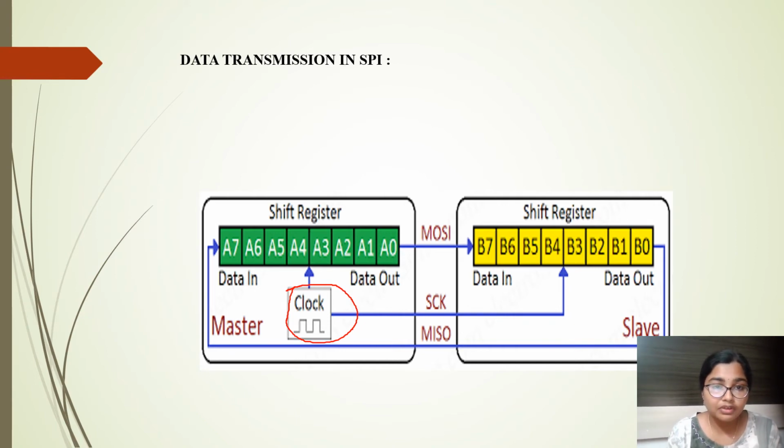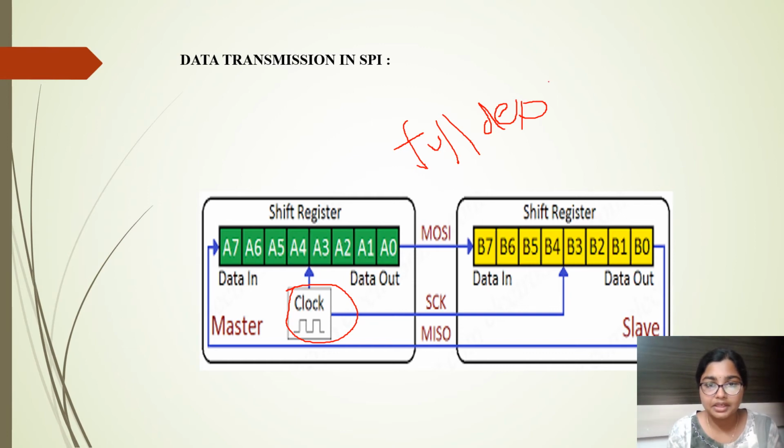So, as discussed, this is full duplex communication, as data transfer takes place from the transmitter to receiver, that is from master to slave, and from slave to master at the same bit rate. So it is a full duplex communication.